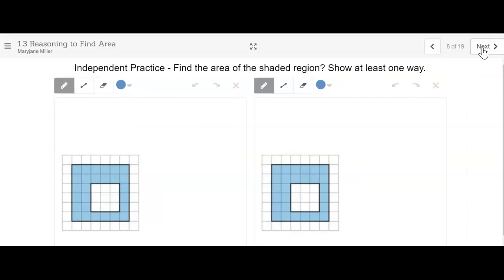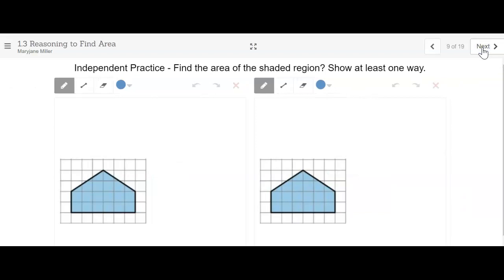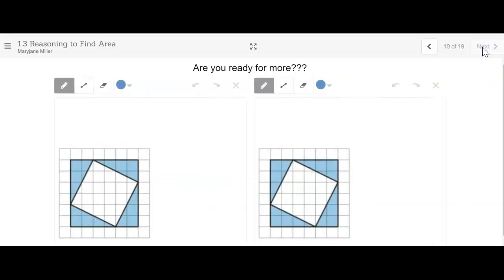And again, you're going to decompose these shapes and find the area of the blue region. These are a little more tricky, so you can take triangles and put them together to make rectangles. So if I move this shape right here, so aside from decomposing a shape, you can rearrange them.